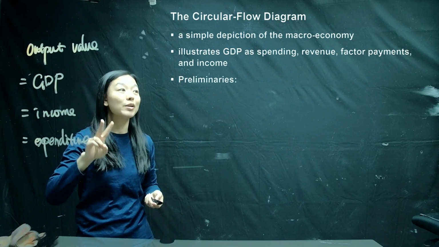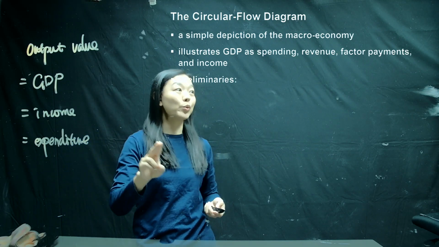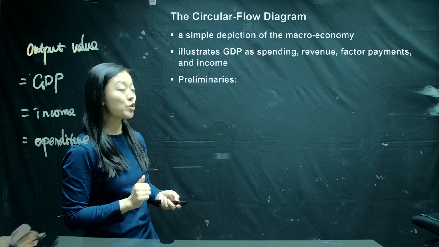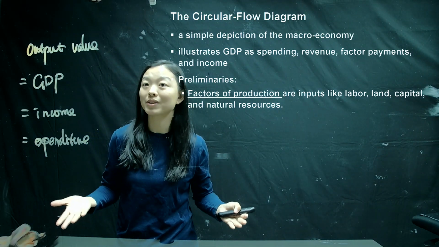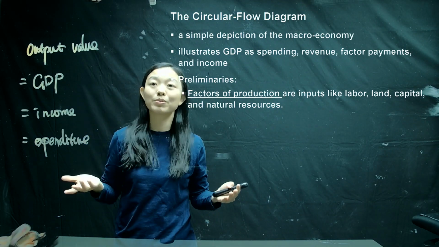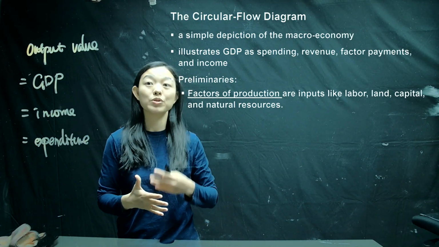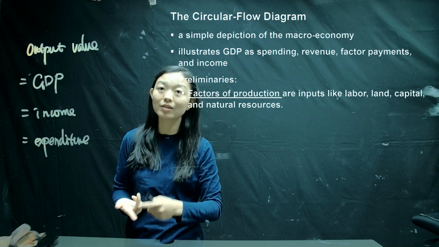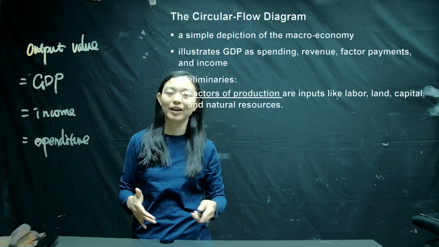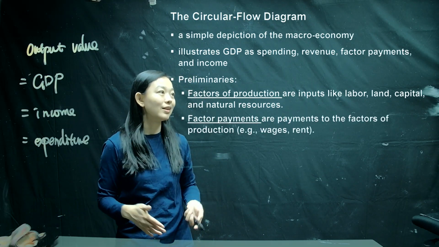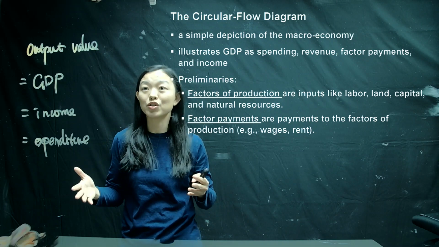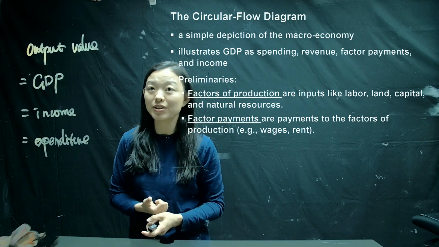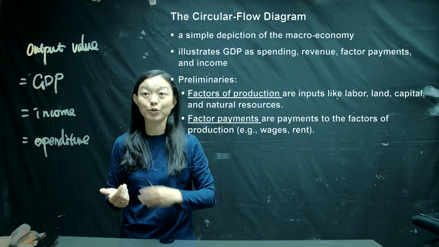There are two preliminaries we need to learn before we move on to this diagram. The first one is factors of production. Factors of production are the inputs that we use in production, such as labor, land, capital, etc. Another one is factor payments. Factor payments are just the payments to the factors of production. For example, if I hire a worker, I need to pay a wage.